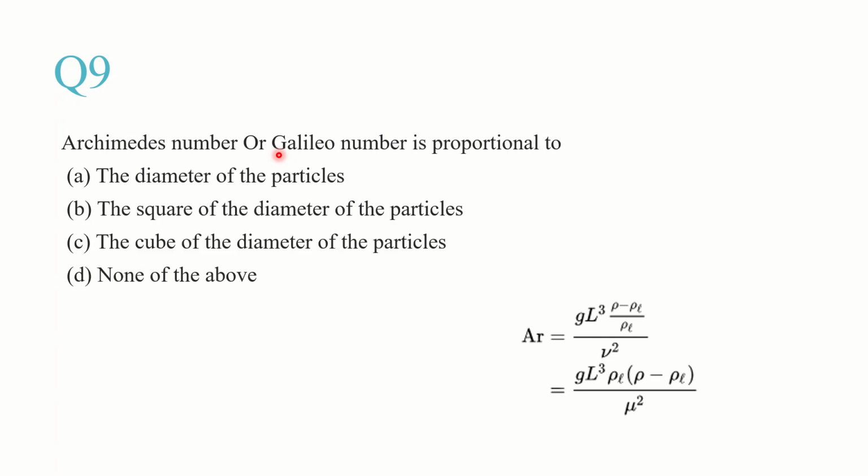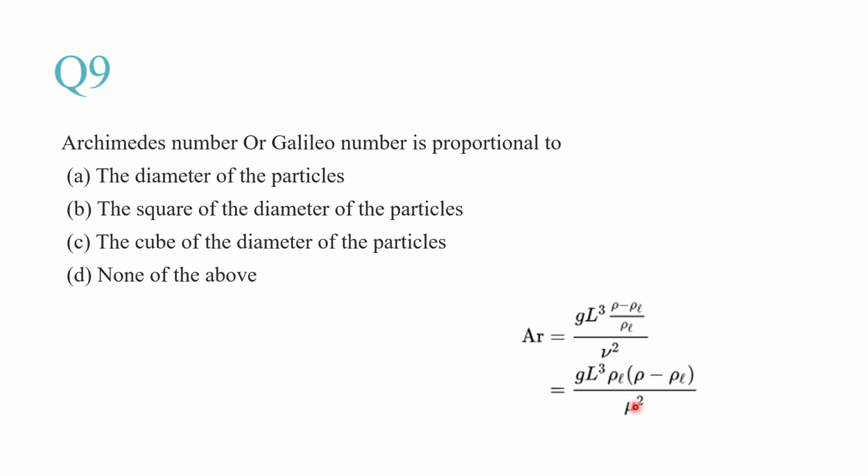The general Archimedes number is g L cubed rho_L times (rho_P minus rho_L) divided by mu squared. Here rho_L is the density of the fluid, that is the liquid, rho_P is the density of the particles, g is the acceleration due to gravity, L is the characteristic length for the application, and mu is the viscosity of the fluid.